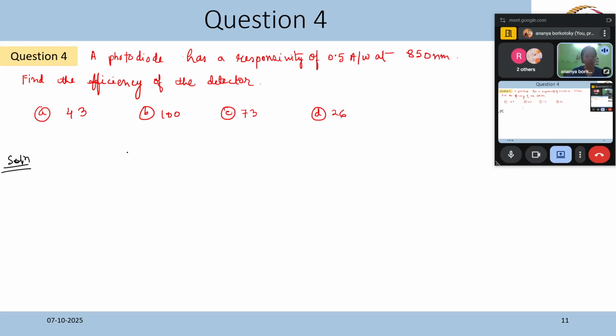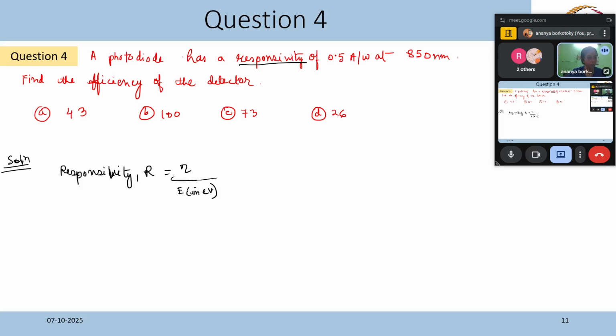In the case of photodetectors, we have this term responsivity. Responsivity tells how responsive our diode is to photons, right? It is denoted with R, and I don't remember the formula, so I have written it down. It is eta, the efficiency, divided by the energy of the photon, in electron volt.